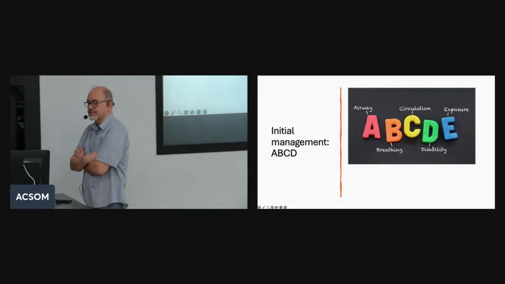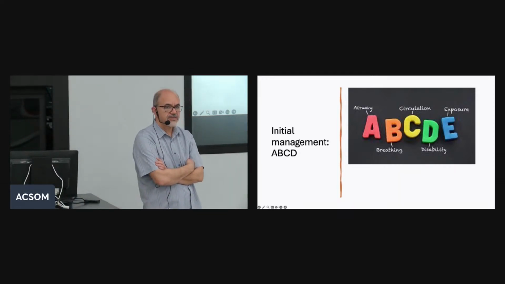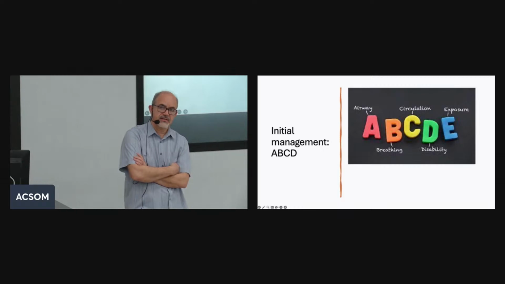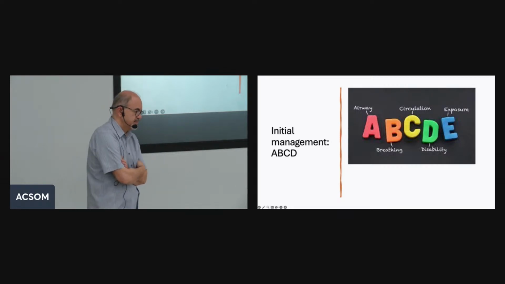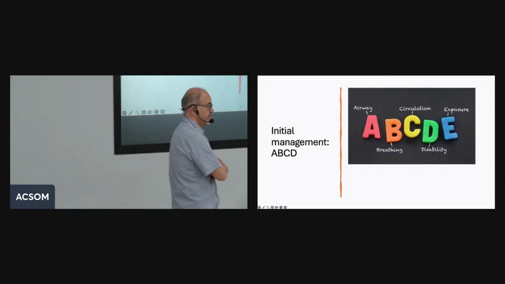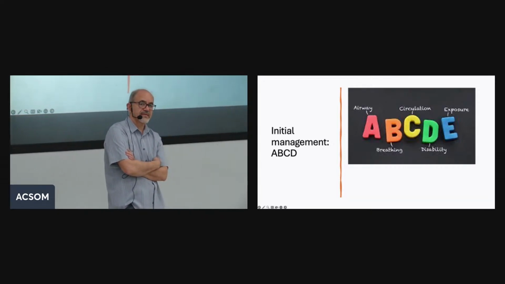C stands for two things. C-spine. A lot of patients with head injury have C-spine injury concomitantly. So you have to secure the C-spine so the C-spine doesn't move. And then the other C is circulation, which we talked about. Circulation was about maintaining the blood perfusion, maintaining the blood pressure. Check the skin.